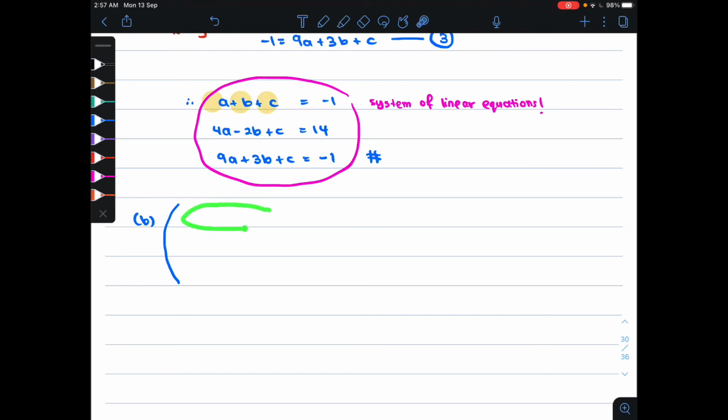So, kat sini pun kamu tulis pada row yang pertama, 1, 1 and 1. For the second row, the coefficients are 4, negative 2 and 1. So, kat sini pun kita tulis pada row yang kedua, 4, negative 2 and 1. And for the third row, the coefficients are 9, 3 and 1. So, kat sini pun kita tulis pada row yang ketiga, 9, 3 and 1. So, this is matrix A.